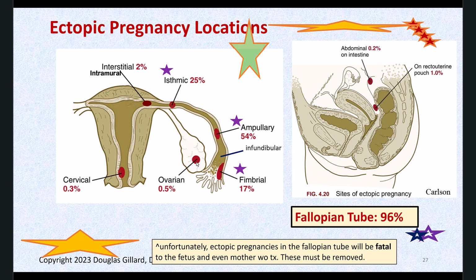So it can happen on the ovary, and very rarely in the cervix, since it's hard to get through the mucus plug that forms right here in the internal os. Even more rarely on the intestines. The rectouterine pouch of Douglas, about 1%, is pretty common because that's the lowest point where fluid collects in the pelvic cavity. So those are all the possible sites.